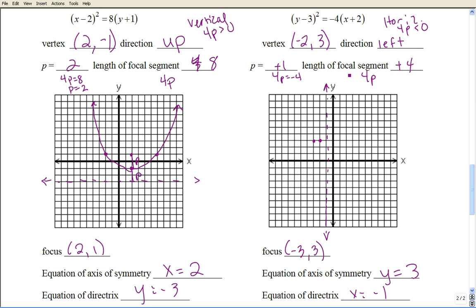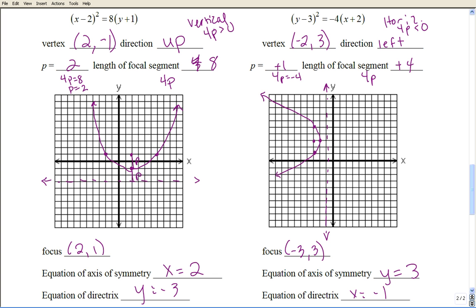And then the length of the focal segment is 4, so then we need to go out 2 on each side. So you can see here it's a total of 4 all the way across. And then those are the points that we'll connect our vertex to.